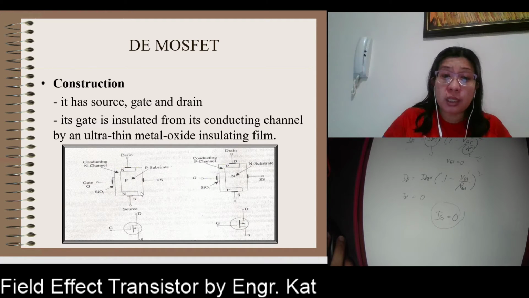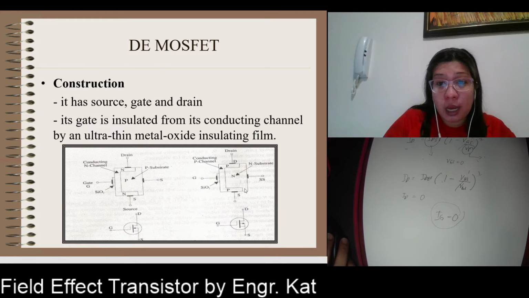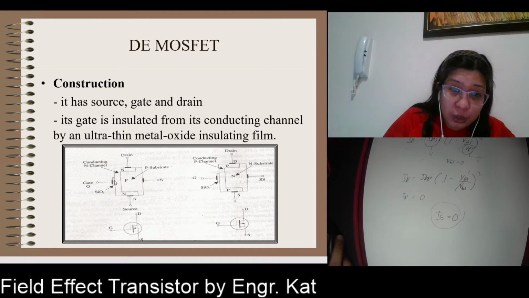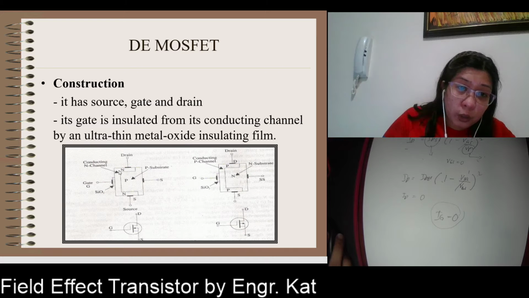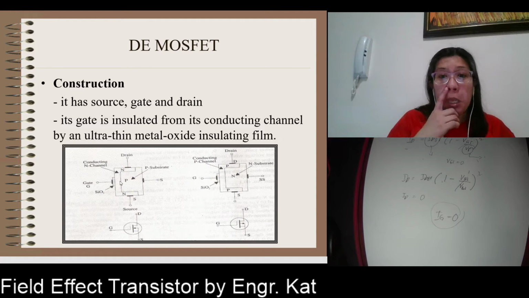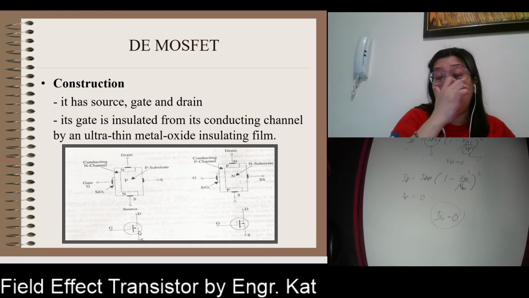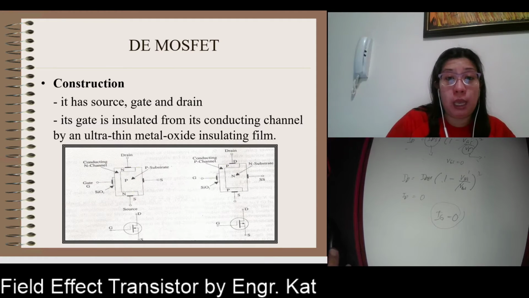This is your n channel. The electrons can still pass through from the source going to the drain. As you can see, the third terminal here is sometimes called a body.